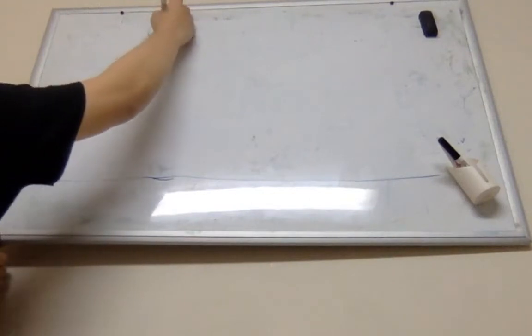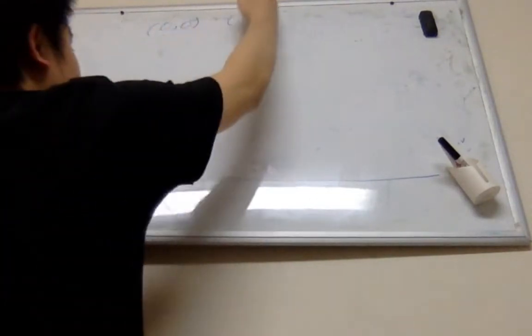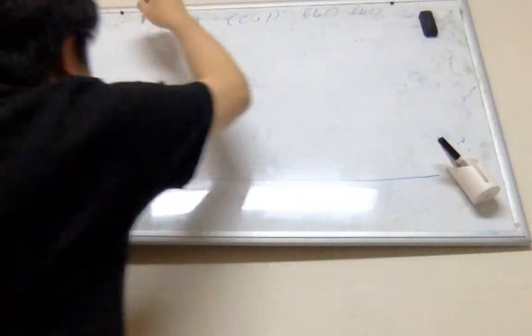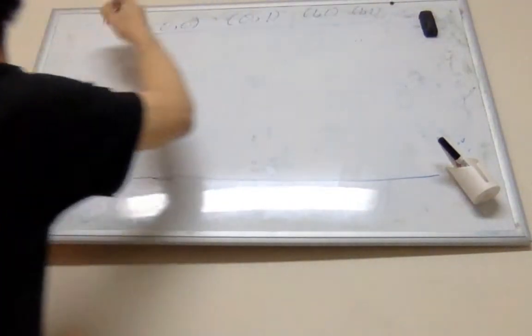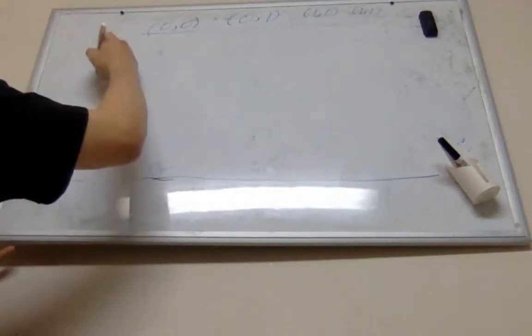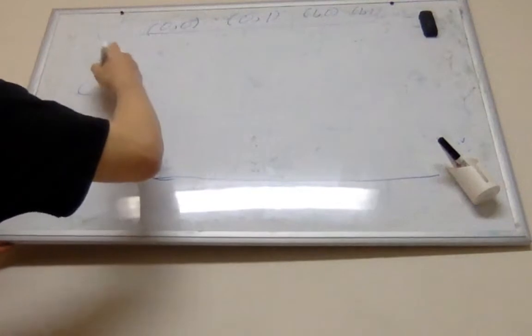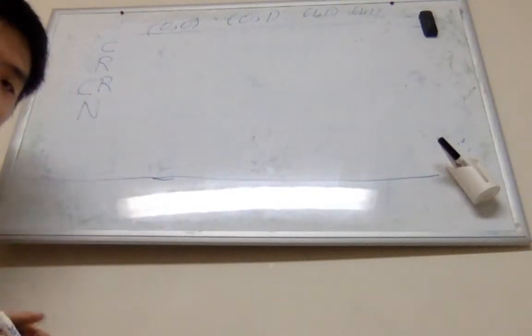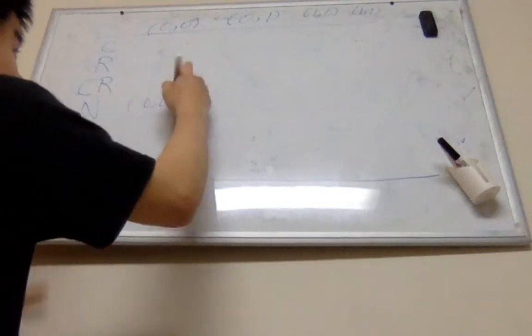So 0 0, 0 1, 1 0, 1 1. C means complement, R means reverse, CR means both, N means nothing. Here we can already fill in the values.